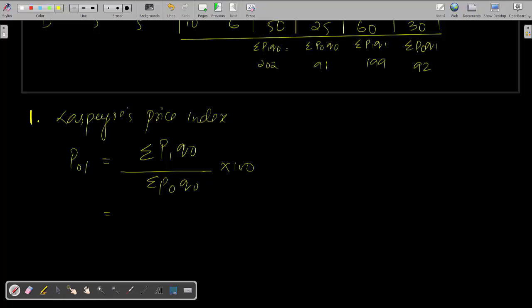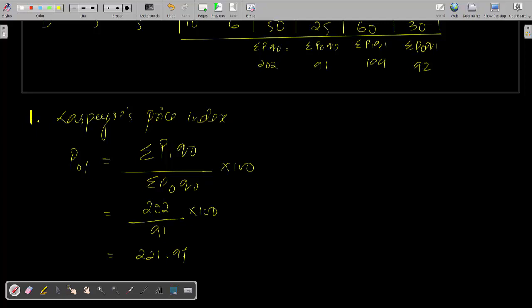P1 Q0 is 202, divided by P0 Q0, which is 91, into 100. If you multiply and divide, you should get 221.97. So this is the answer for Laspeyres price index.